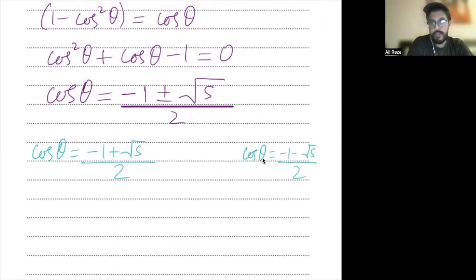Now, the second value would result in no solutions because the least value that cos theta can have is minus 1. So this would result in no solution.